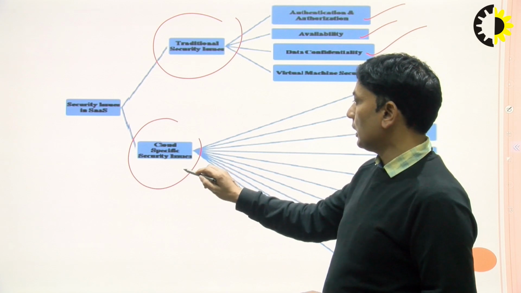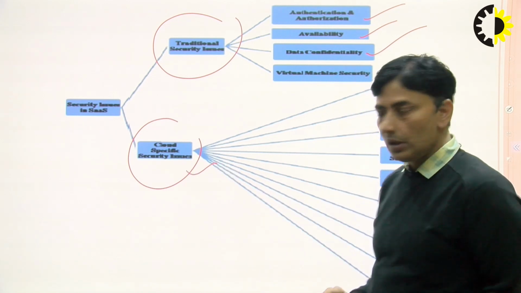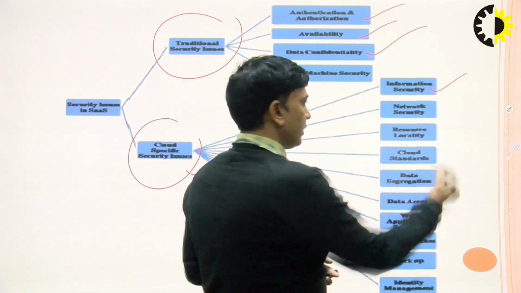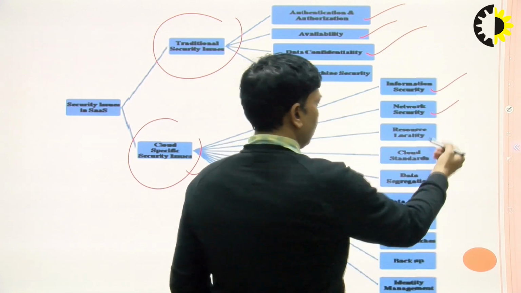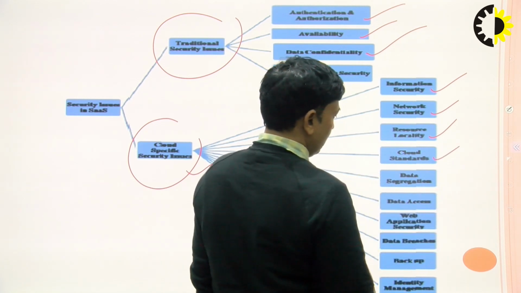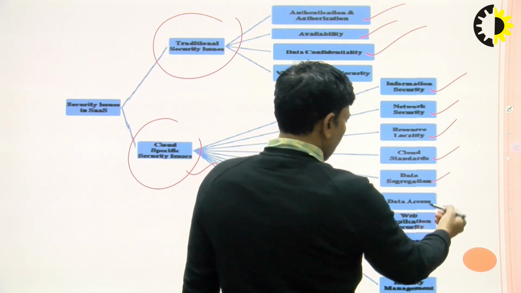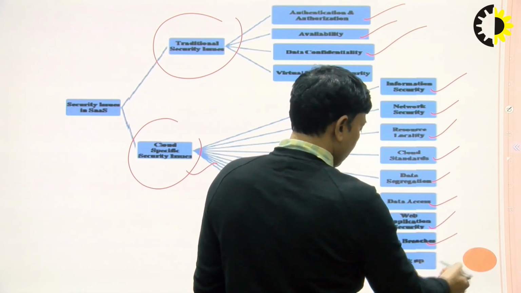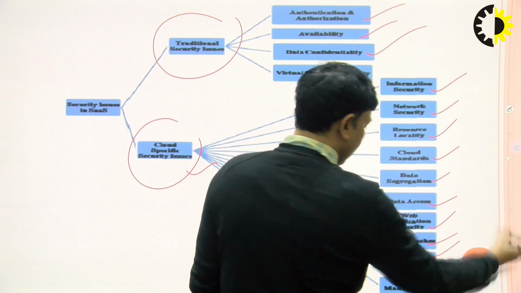When we talk about cloud specific security issues, these are the general terms: information security, network security, resource locality, cloud standards, data segregation, data access, web application security, data breaches, backups, and identity management.